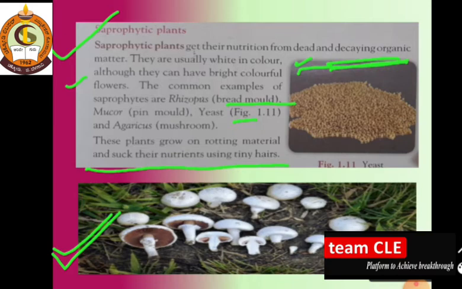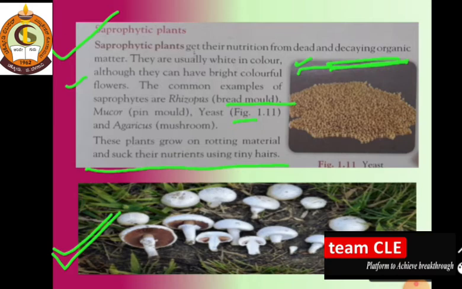What are the examples of the saprophytes? That is Rhizopus, which is nothing but the bread mold. What you find as the white color substance on the rotten bread is nothing but Rhizopus. Another example is Mucor, the pin mold, which you can find on yeast.